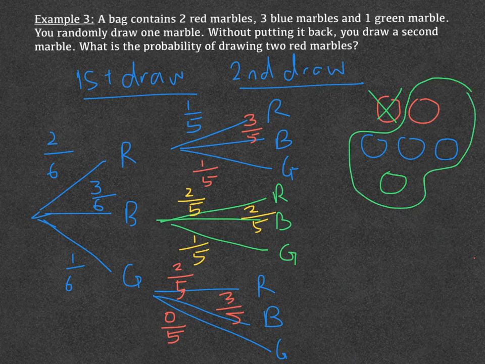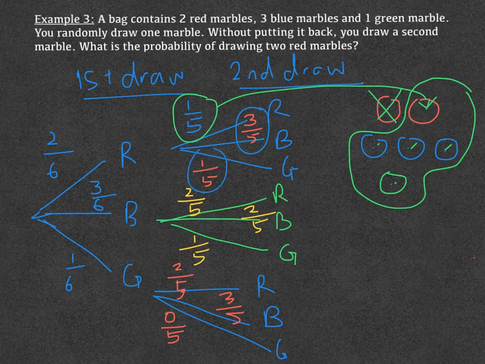So over here you can see that there are 1, 2, 3, 4, 5 marbles, and it's only 1 red marble. So that's why you have 1 out of 5 here for this second draw. And to draw the blue marbles, you can see that I have 3 of them here, 1, 2, 3, and that's why I have 3 out of 5 for the second draw for blue. And for the green, I have 1 green left, so it's 1 out of 5 here.